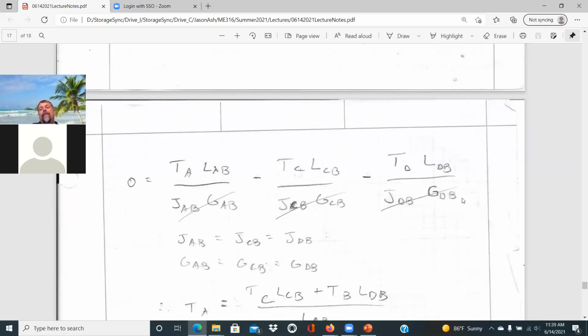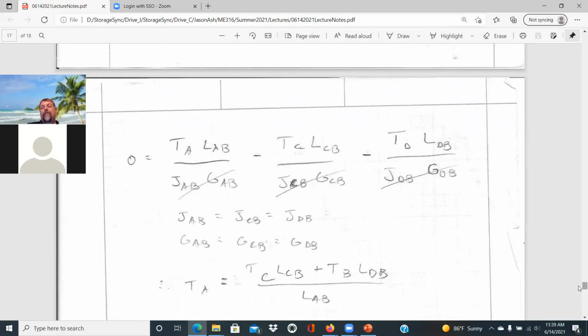And again, this problem is a little bit easier to solve than most because the diameters of the shafts are the same, the materials are the same. And so we can multiply left and right side by those values since those are all equal to one another. 0 times those values are still 0. So we're just left with what's in the numerator.